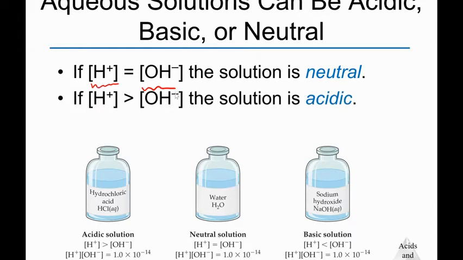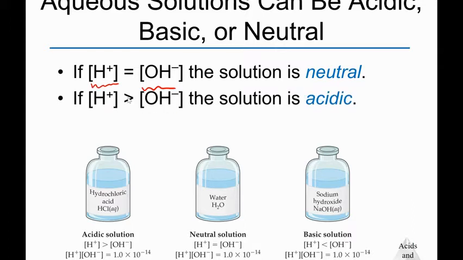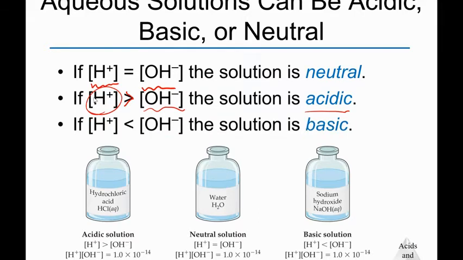Now, if they're not, and the concentration of the hydronium is actually greater than the concentration of hydroxide, then we say the solution is acidic. So basically, acidic just means we have a higher concentration of hydronium or protons in the solution. And then if we have a greater concentration of hydroxide ion, then we would say that the solution is basic.